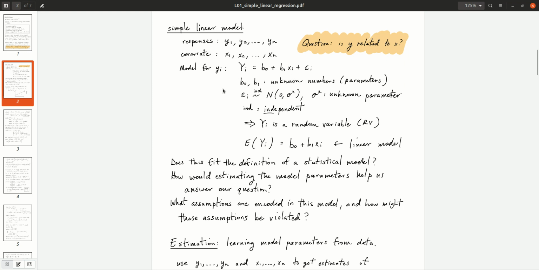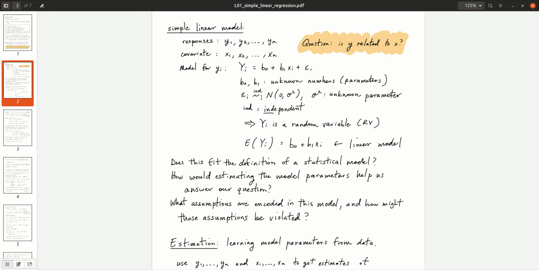So b0 and b1 are lowercase letters, so according to our convention, these are just regular old numbers, but we're using a symbol for them, so that indicates that they're unknown, and we'll call these unknown numbers in a statistical model parameters. And then there's epsilon i. Now, epsilon i is going to be a random variable, and we'll denote the distribution of random variables with the random variable, then we'll do this little tilde.